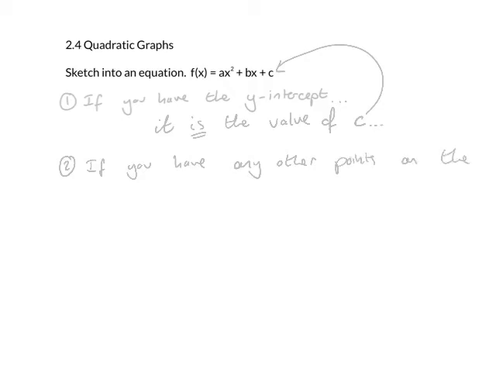Step 2, if you have any other points on the curve, you're going to substitute those into that equation, but instead of f of x, you're going to replace that with y, so the normal Cartesian form for the equation. And remember, you've figured out what c is from the sketch already, so you're not writing down the letter c again, you're writing in the actual value. That's why I've got inverted commas around c.